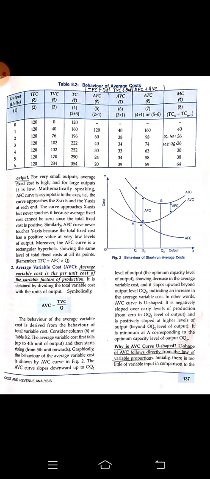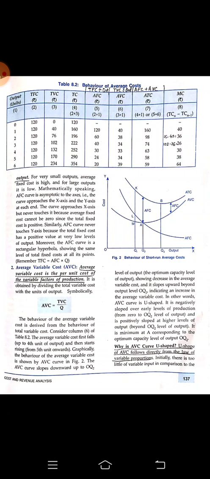You can see the gap given in figure number 2. Initially the ATC curve is in a much higher position than the AVC curve. The distance is far, but as production is increasing, we are finding that the ATC curve tends to come downwards and quite close to the AVC curve.